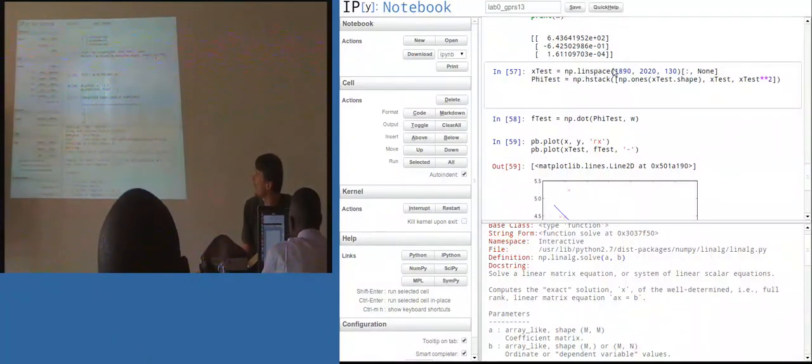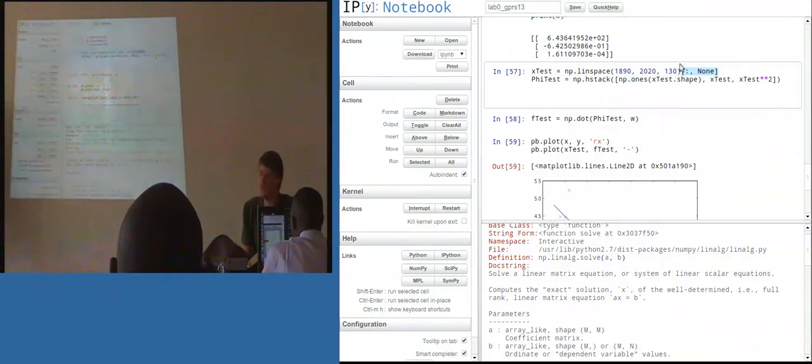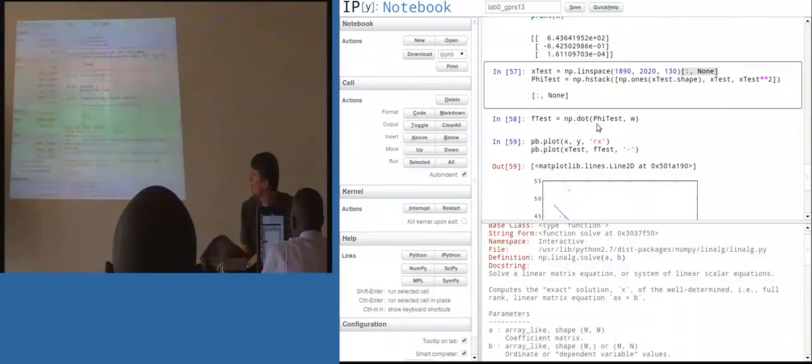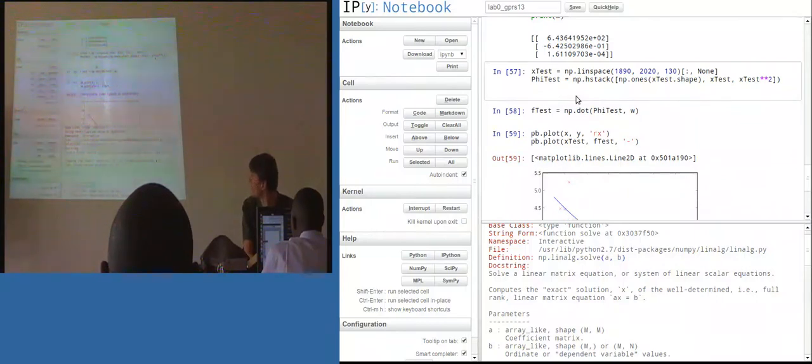Although it's a small coefficient, the next step is to create the test data. So I'm creating a vector of test points. Now this little trick here is a Python trick to take that vector and turn it into a matrix which has the data points on the rows, so it's a design matrix. I don't want to go into the details of how that works, but it's a little Python trick for doing that.